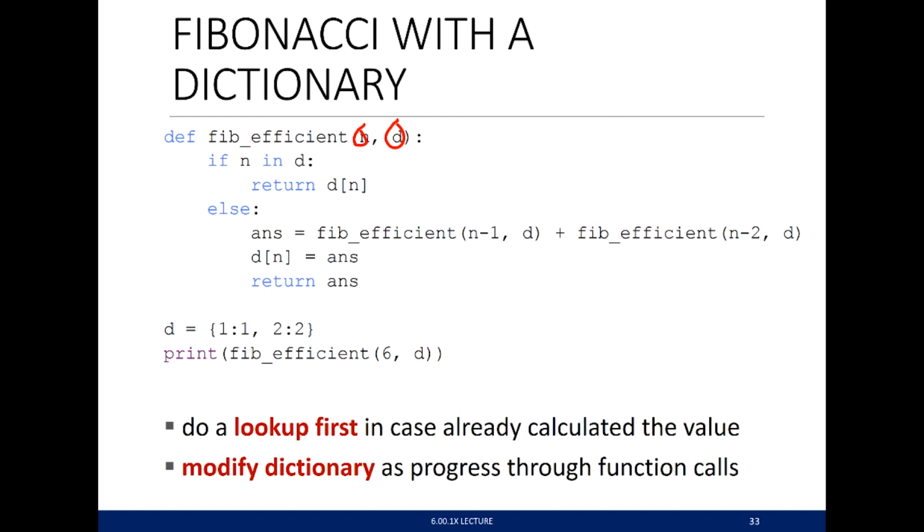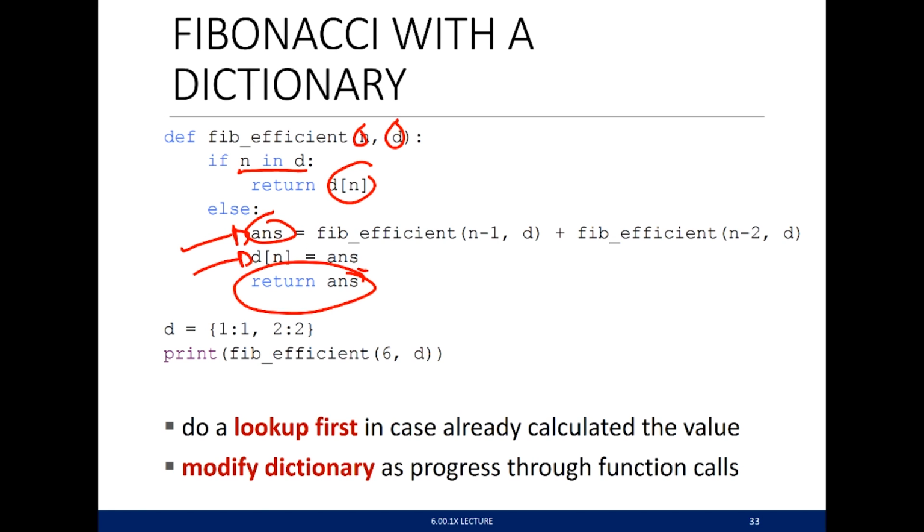But if I've already done the work, just look it up and return it. So if n is already in the dictionary, I just look up the value and return it. Otherwise, I do the recursive call, as I would have done before, compute it. Having done that, I store that value away in the dictionary, and I return the answer.